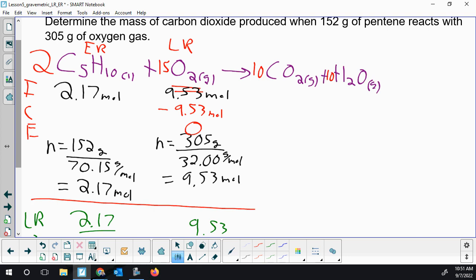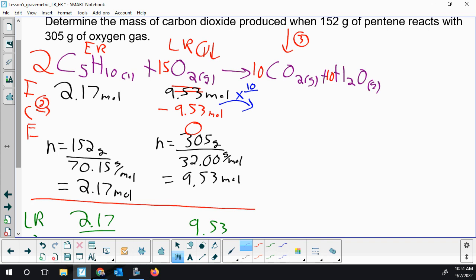Okay. Step 1 is get a column. Step 2 is our C. Step 3 is fill in the CO2 column. So we have to turn that 9 and a bit moles into whatever carbon dioxide is. Multiply by the required, which is CO2, which is 10, divide by the given.